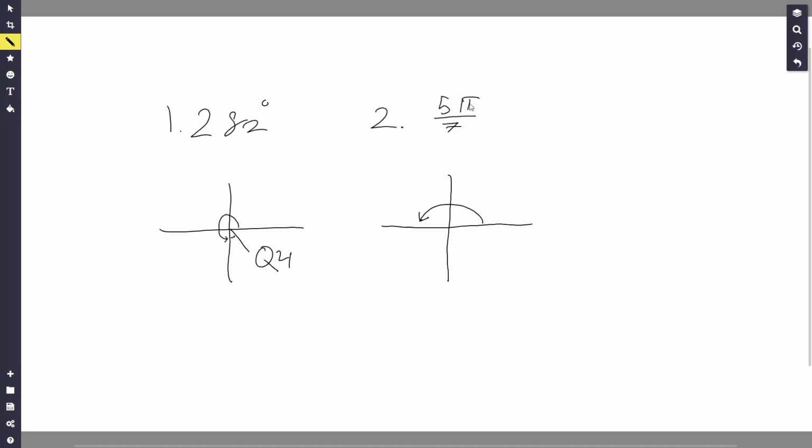So it's not quite 180 since this does not equal pi. So what I like to do with this is divide pi or 180 by 7.